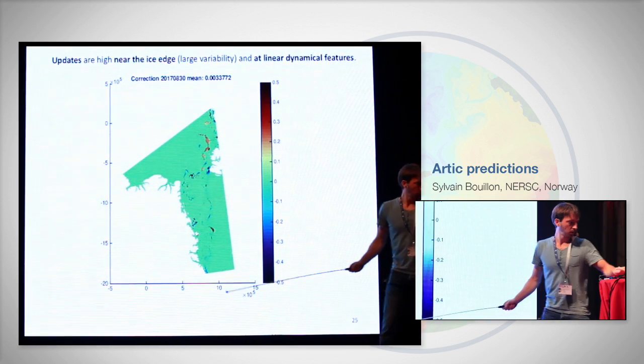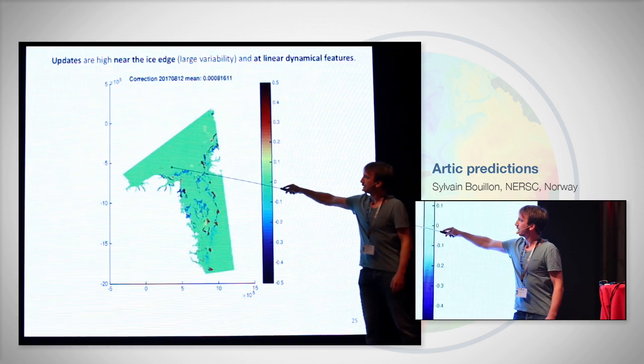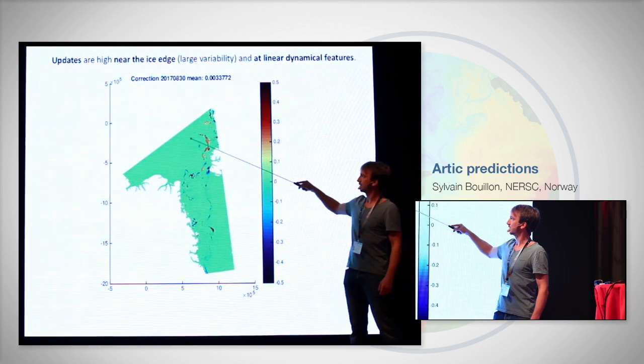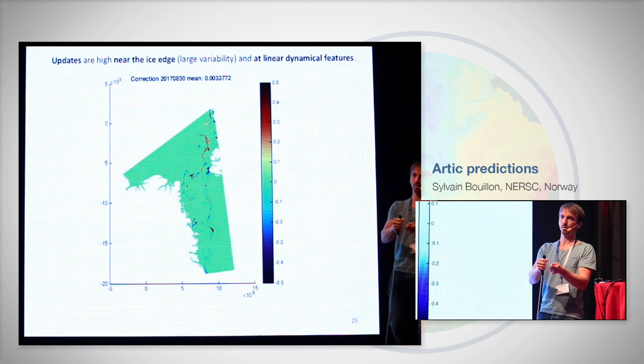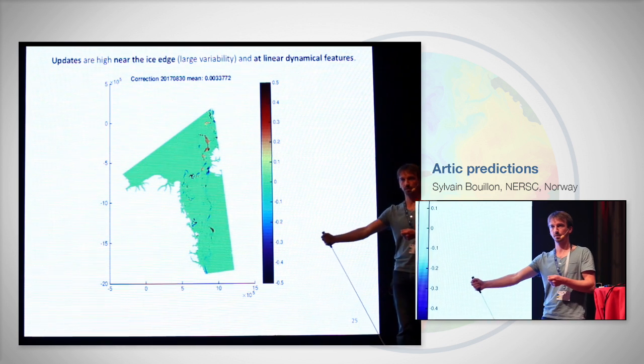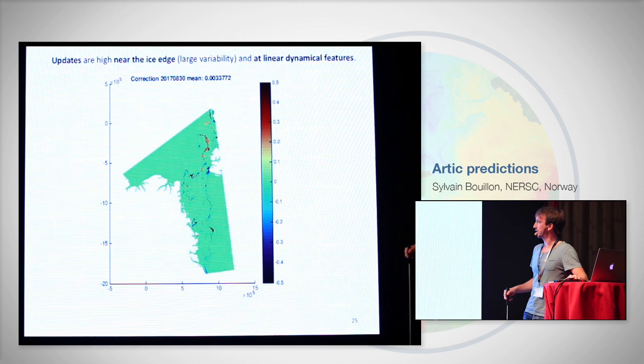But you could also, maybe I restart that one, see high values of the updates on the linear features that are simulated by the model, because those are not seen by the ice chart. So we could maybe improve that later.